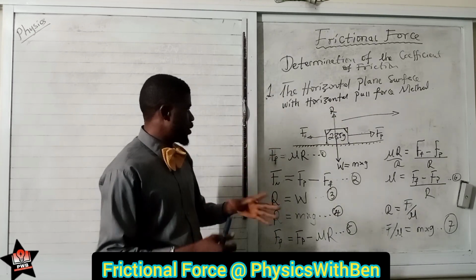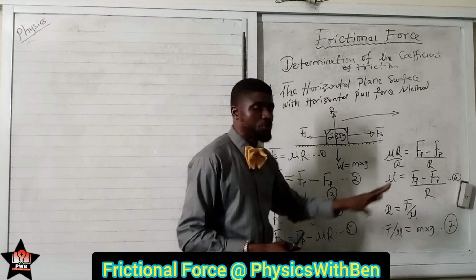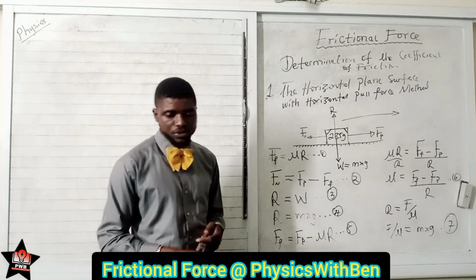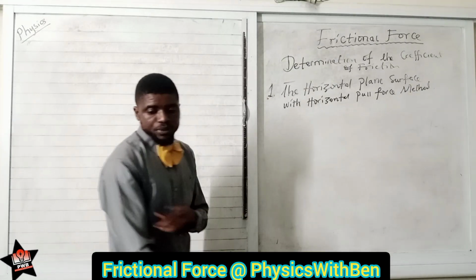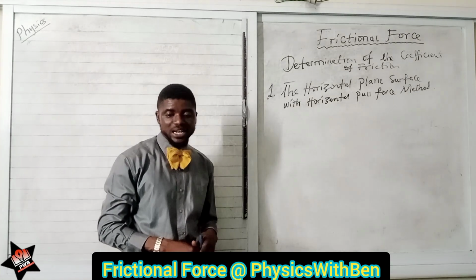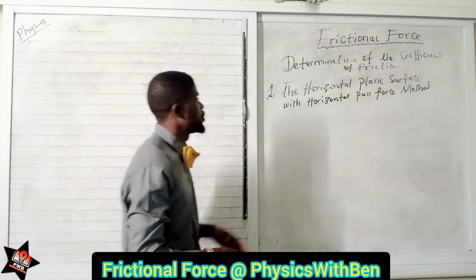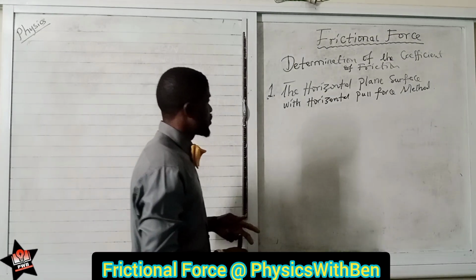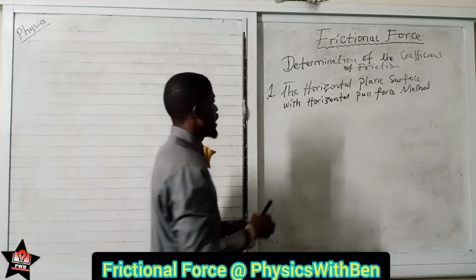In the next video, we're going to make use of all of these equations to solve some beautiful questions. Next up, the next method we want to look at is the horizontal plane surface with inclined pull force method.